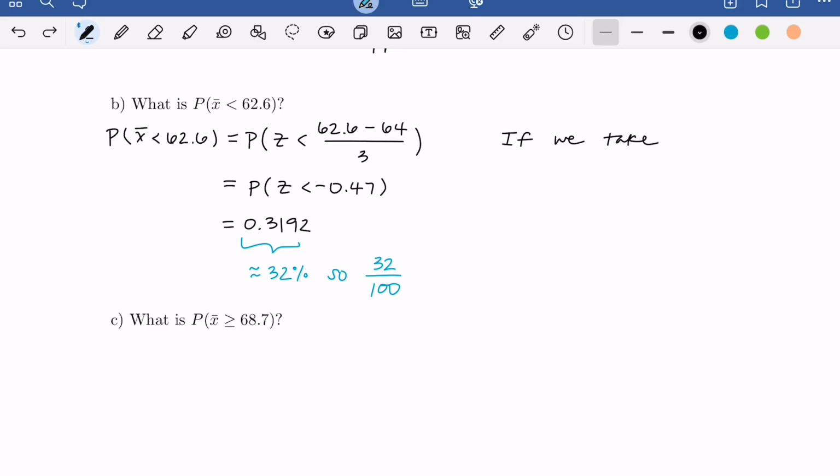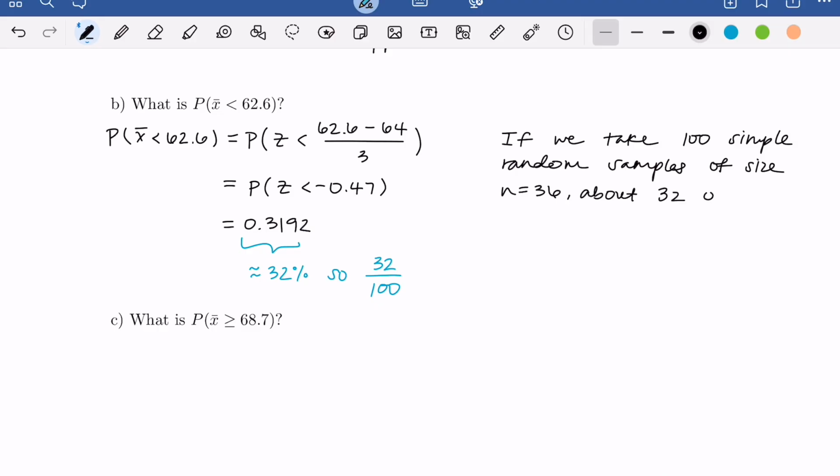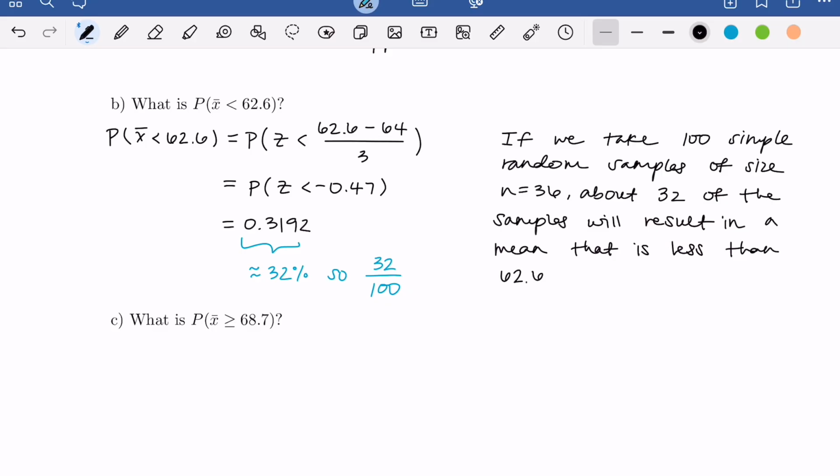If we take 100 simple random samples of size 36, with the given mean and standard deviation, about 32 of the samples will result in a mean that is less than 62.6.